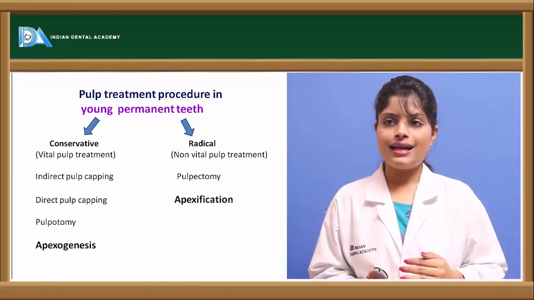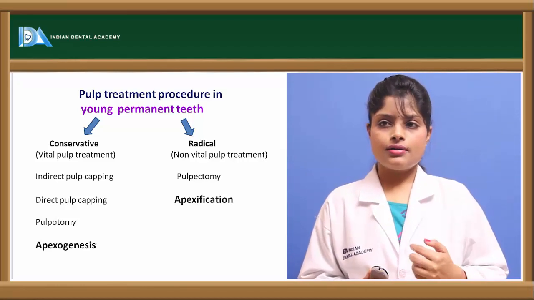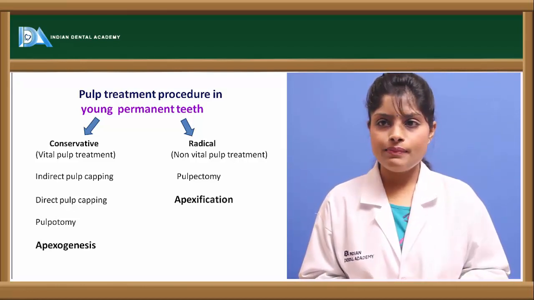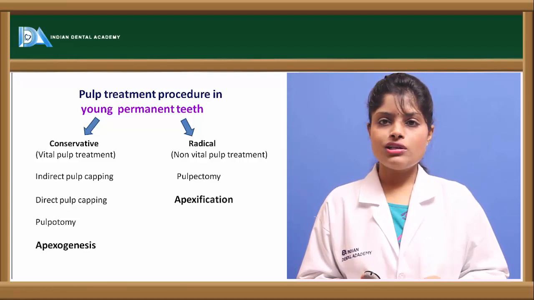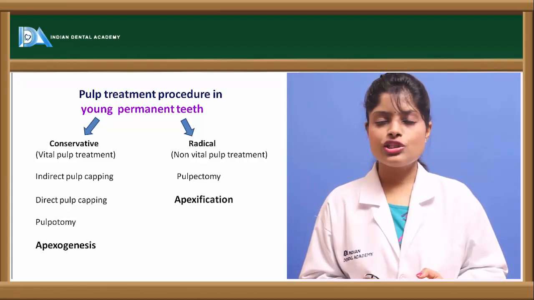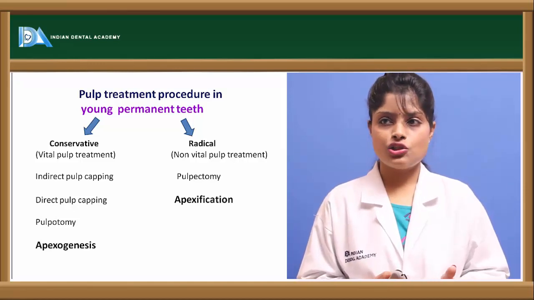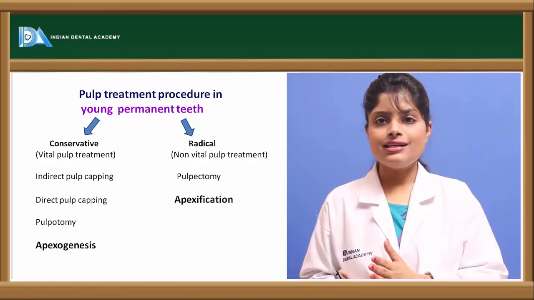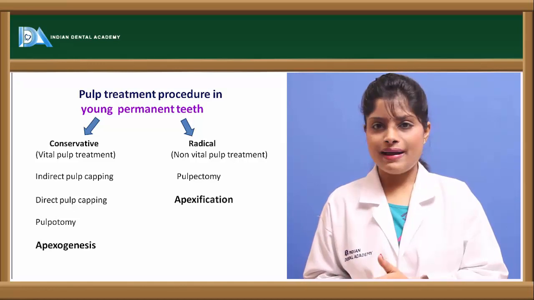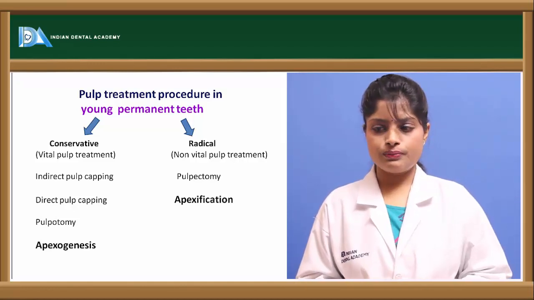The conservative management of pulp therapy for such teeth includes indirect pulp capping, direct pulp capping, pulpotomy, and apexogenesis. And the radical management includes pulpectomy and apexification.